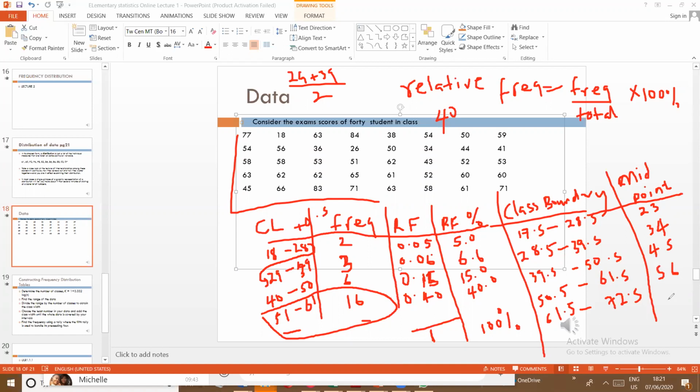Next is going to be 67. Now you ask yourself, how did I know it's the same interval of 11? You see, we constructed using 11. So the same interval of 11, 11, 11, 11. So that is how we get the midpoint as well.